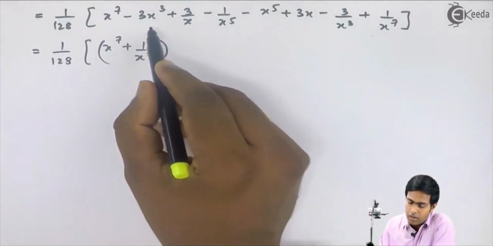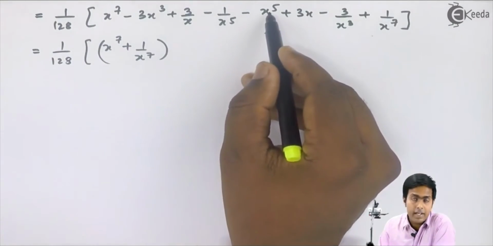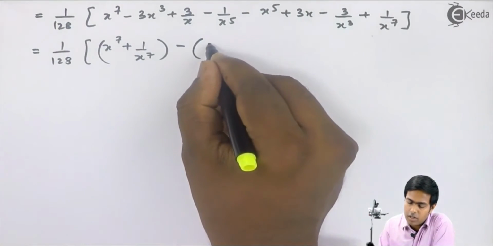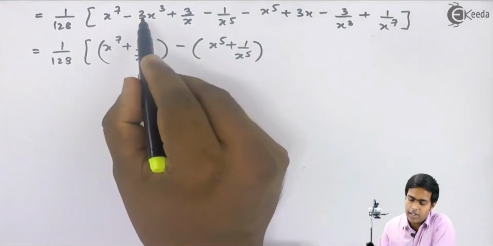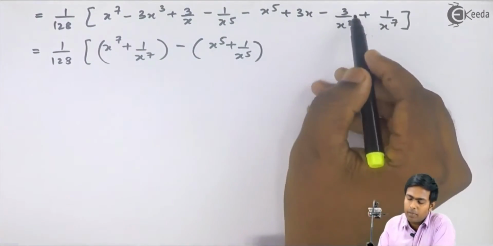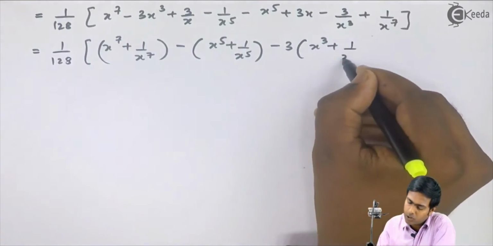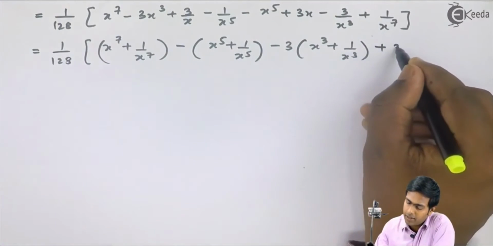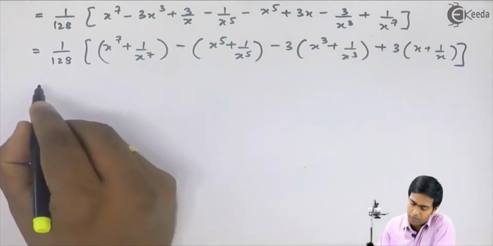Next, from this term, that is x raised to 5 and minus 1 upon x raised to 5, I will take minus sign outside. So x raised to 5 plus 1 upon x raised to 5. Next, minus 3x cube and minus 3 upon x cube, I will take minus 3 outside. So I will get x cube plus 1 upon x cube. And from this last term, I will get 3 into x plus 1 upon x.